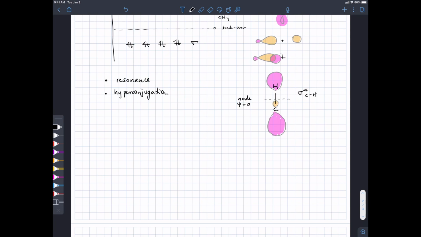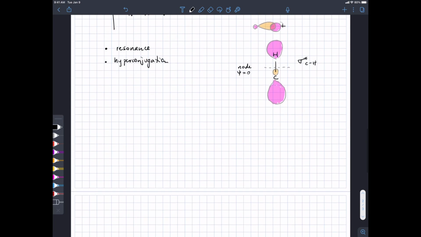Resonance, in terms of valence bond theory, is when you can draw two or more legitimate Lewis structures for a molecule, and then you conclude that none of them represent the real structure of the molecule, but that the real structure is a hybrid of all of them. Is that sounding vaguely familiar? Yeah. So an example of this would be the following anion.